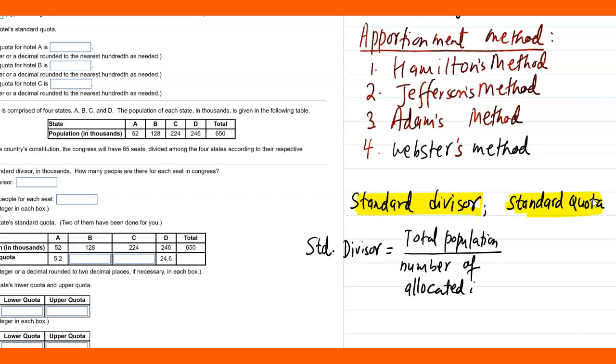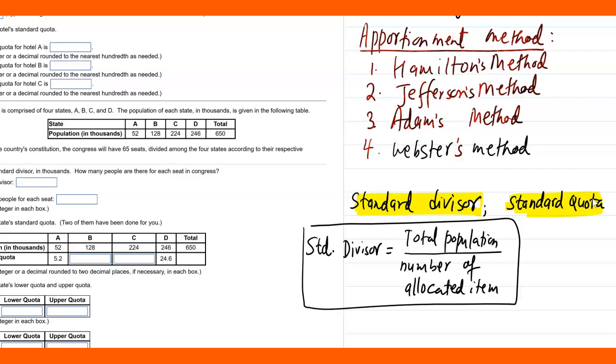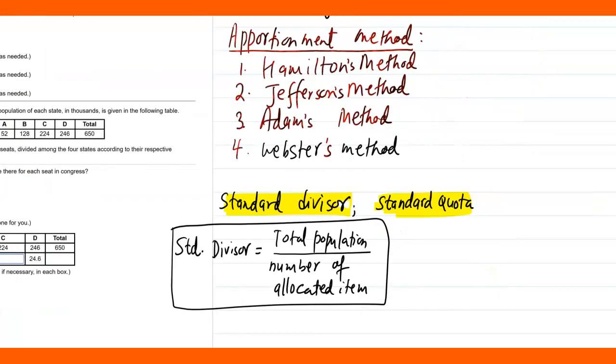That's the formula for standard divisor. To find the standard divisor, you divide the total population, which means you add all the group populations, by the number of allocated items. Okay, that's the standard divisor.